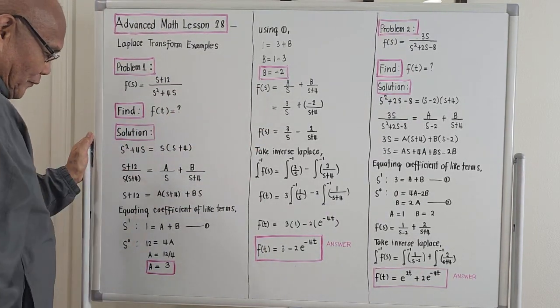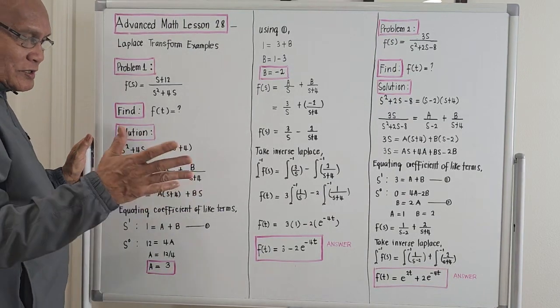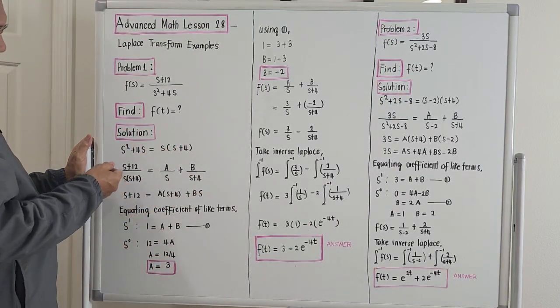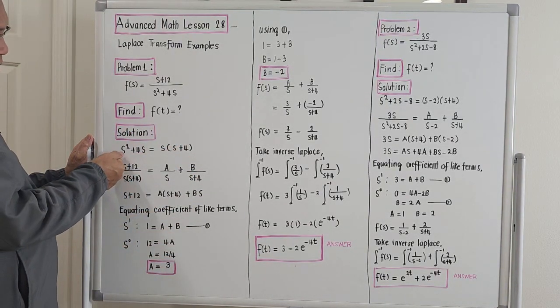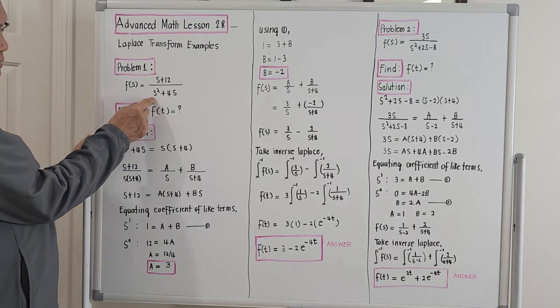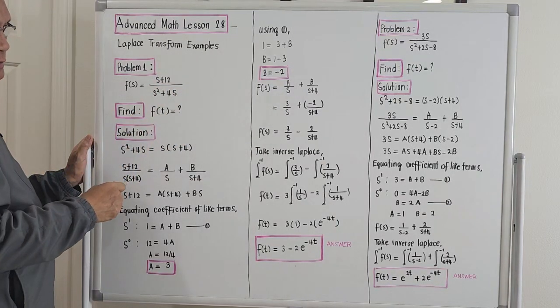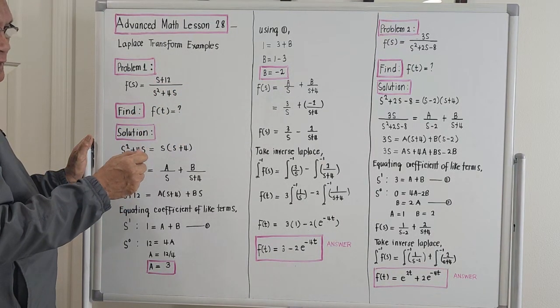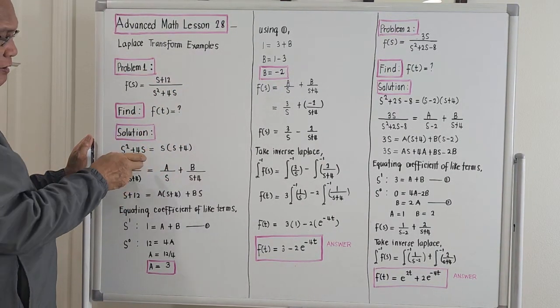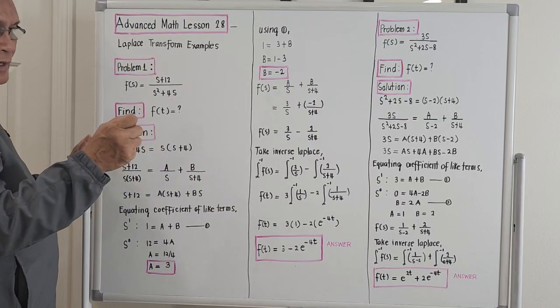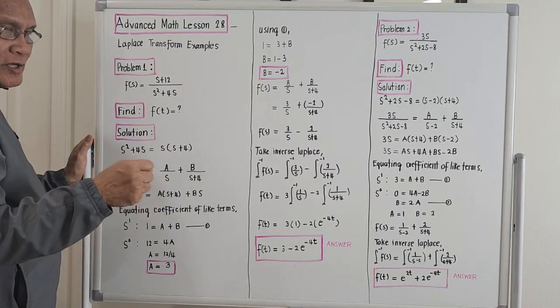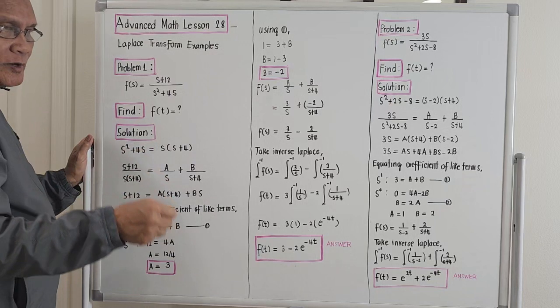This is the solution. We will start with s squared plus 4s. Take note of the denominator. The denominator is actually a quadratic equation. And the purpose of taking the denominator is that we will take the so-called linear factors if it is factorable by inspection.